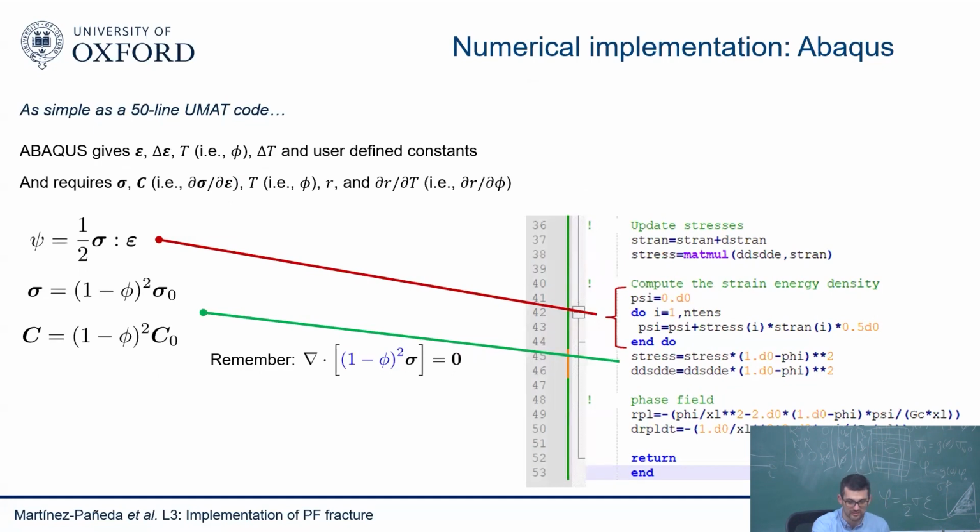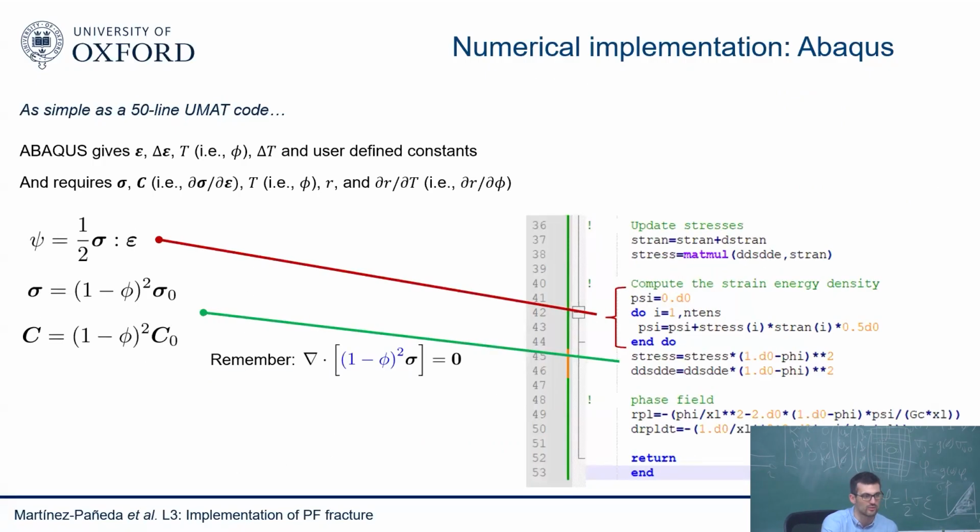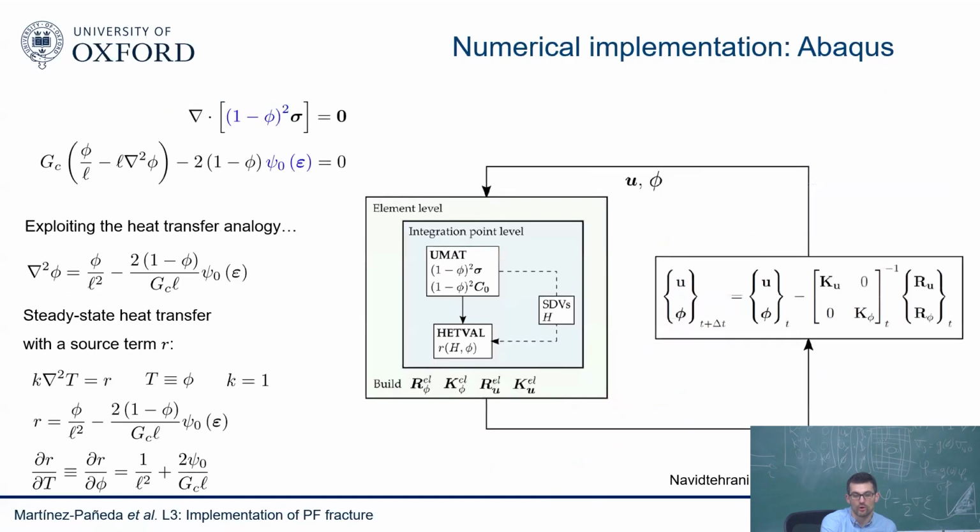So this is the entire UMAT. It's 50 lines, and actually most of those lines are the UMAT interface, about 10 lines that you are doing in there. It's all in there. By the formulation, is it not solved monolithically? You could solve monolithic, so Abaqus allows you to solve thermomechanical problems in a monolithic or staggered way.